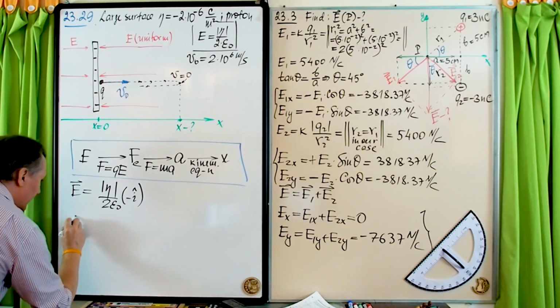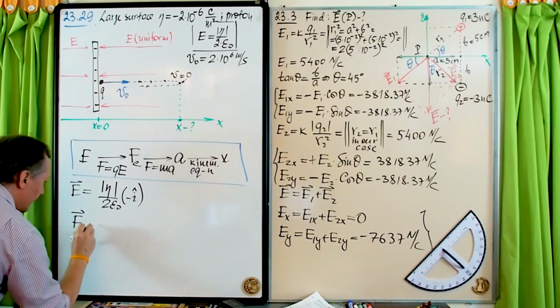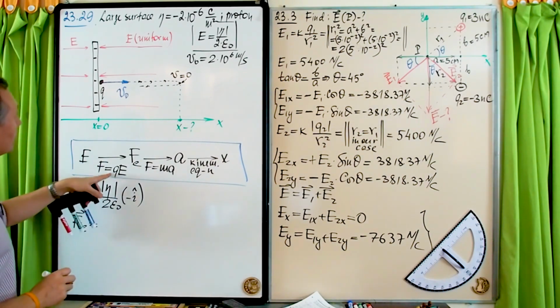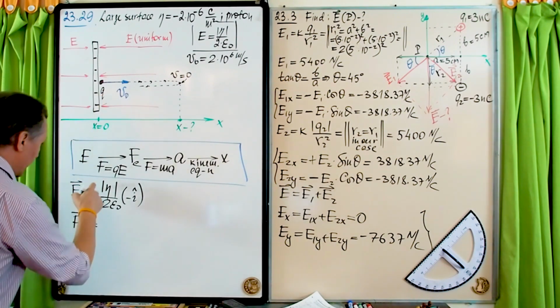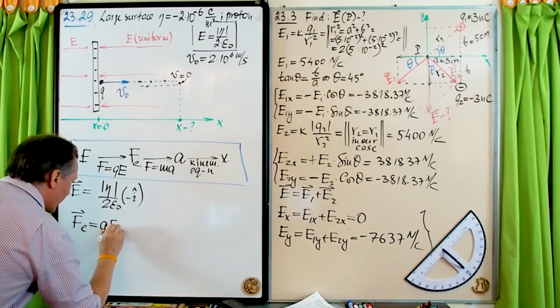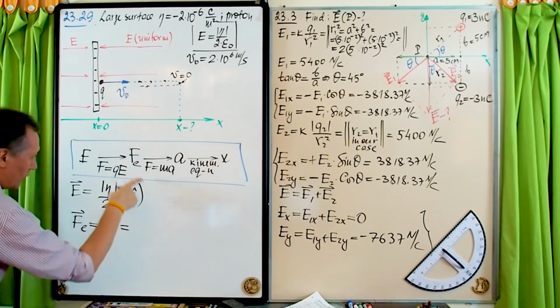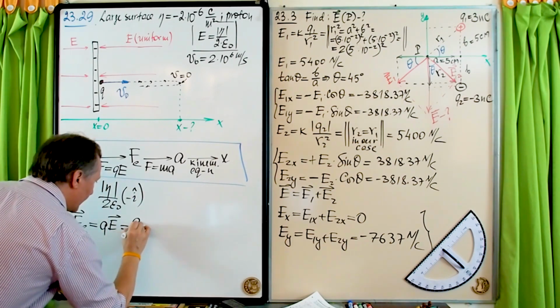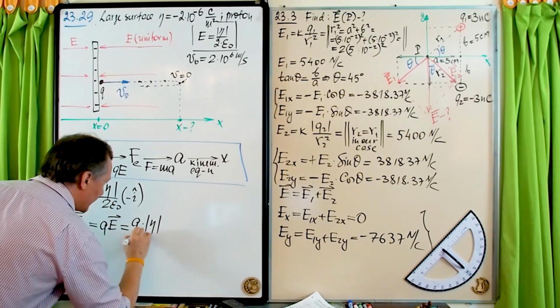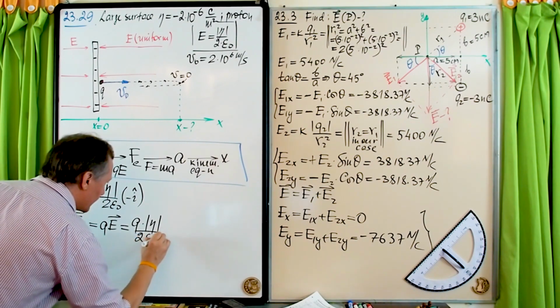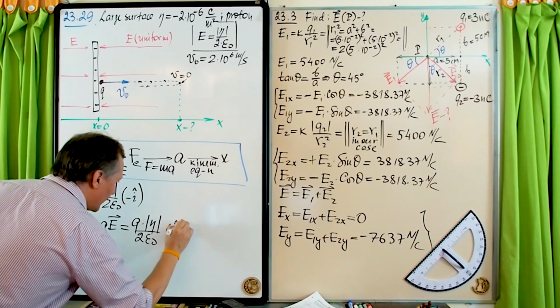Electric force, Fe, will be the charge of the proton times this, Q times E. So it will be Q times sigma divided by 2 epsilon naught, in the minus i hat direction.